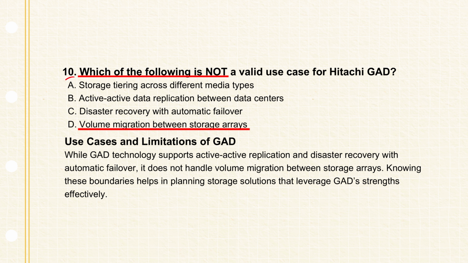Correct, answer A. But then its own explanation focuses on volume migration also not being a typical function, while confirming it is used for replication, DR, and active access. Precisely. The source presents answer A, storage tiering, as the not-a-use-case answer, and the provided explanation discusses why volume migration isn't typical, while listing replication, disaster recovery, and active usage as the things GAD does focus on. It's a slight mismatch between the stated answer and the focus of the explanation text. Interesting little inconsistency there in the source material itself.